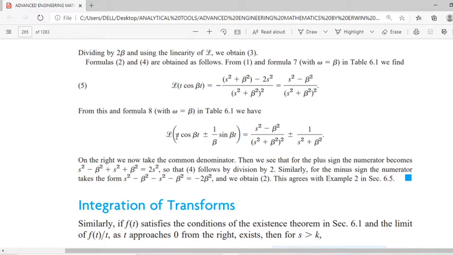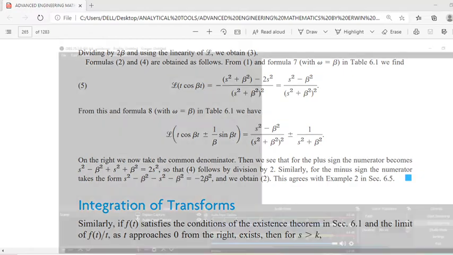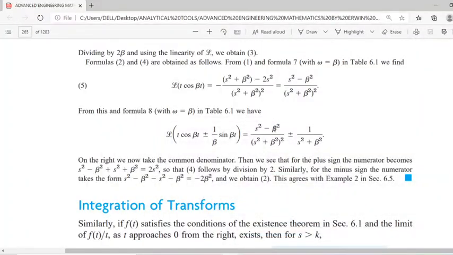We can substitute the Laplace transformation of t cos beta t here, plus or minus L of 1 by beta into sin beta t, that is 1 by s square plus beta square. You will get this formula.